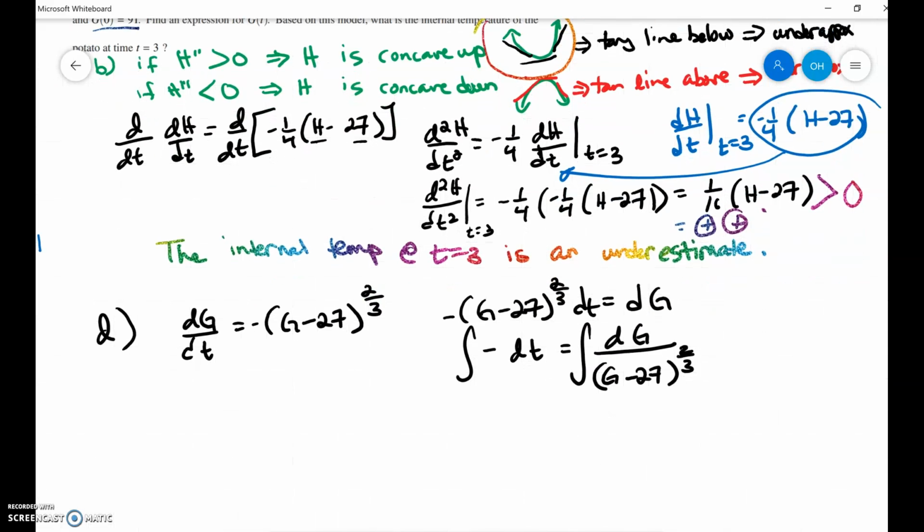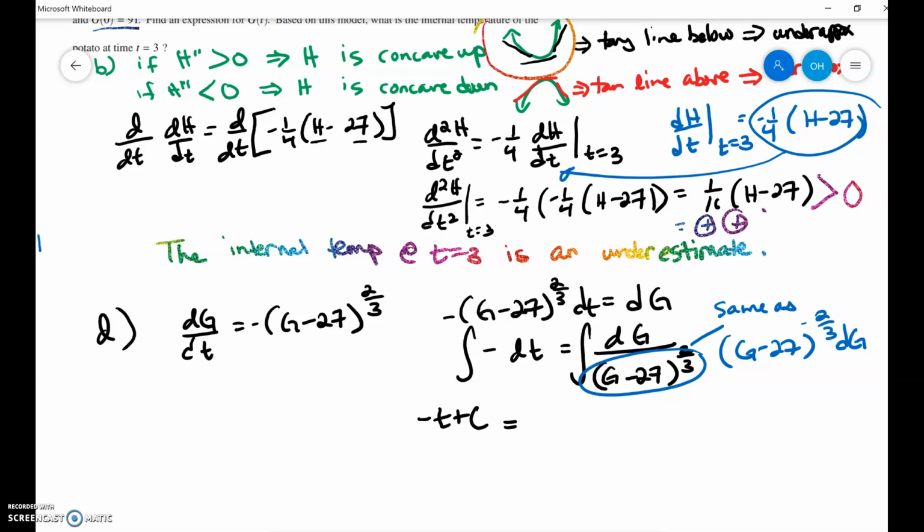Okay, so over here on the left side, I have negative t plus c, and on the right side, remember, this is the same as writing g minus 27 to the negative 2/3 dg.